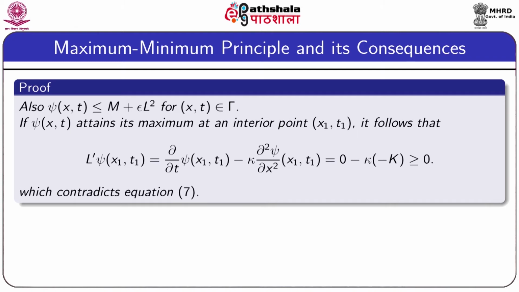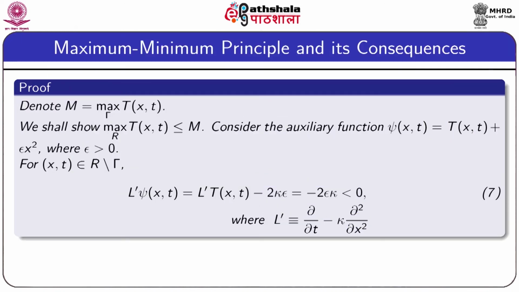Therefore, ∂²ψ/∂x² at the point (x1, t1) is a negative number. Let that negative number be -K. So, the value of L'ψ at the point (x1, t1) becomes greater than or equal to 0, which contradicts the result given in equation 7.